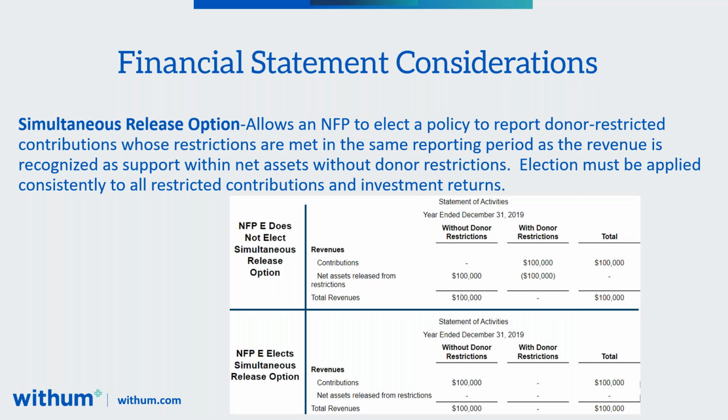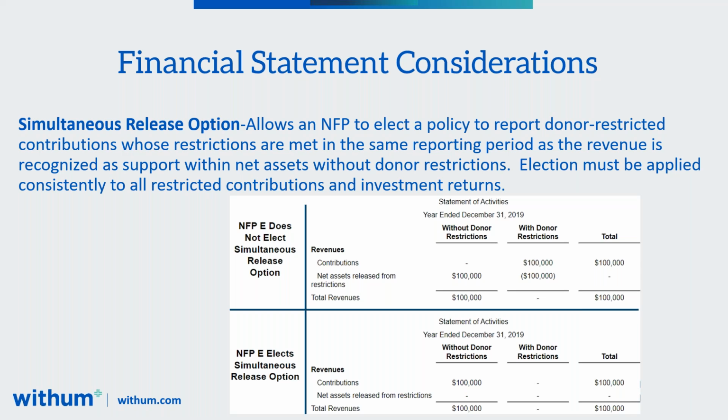So I just wanted to mention this again because you may want to take a look at this to see if you've made that election and whether or not, as you apply this new standard, that election is going to change anything. In particular, as it relates to perhaps your government grants. You may have been identifying government grants as exchange transactions, and now they're going to be treated as contributions, and it could change the presentation of your financial statement. So we do suggest that you take a look at that and evaluate, if you don't have that policy, if you should consider adopting it.